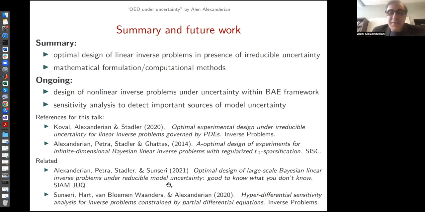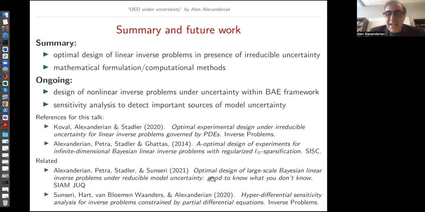That paper appeared in JUQ. There again, we considered a simple case, so it's all linear: a linear dependence on the inversion parameters and a linear dependence on the additional uncertainty. So there we could do exact marginalization and then come up with the uncertainty-aware design criterion.